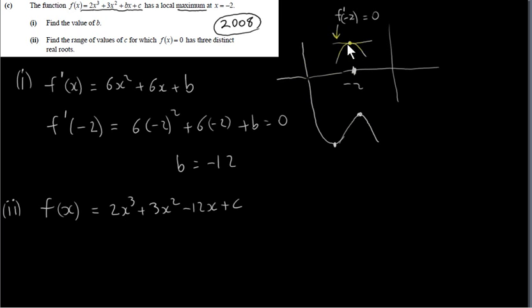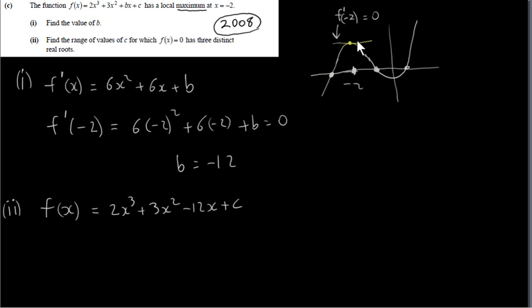So the turning point has to be above the x-axis. You see, when the turning point is above the x-axis, the curve will have a root here, and it may have another. Hopefully it will cross it at 2 more points. We want the function to have 3 distinct roots.